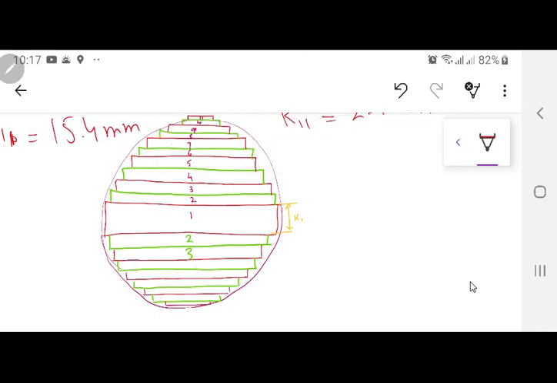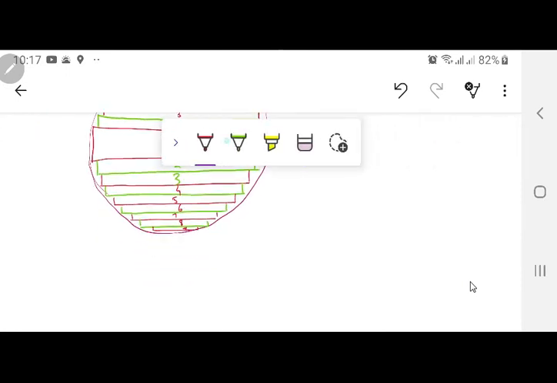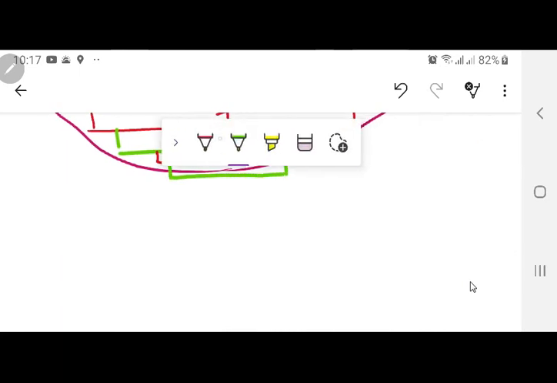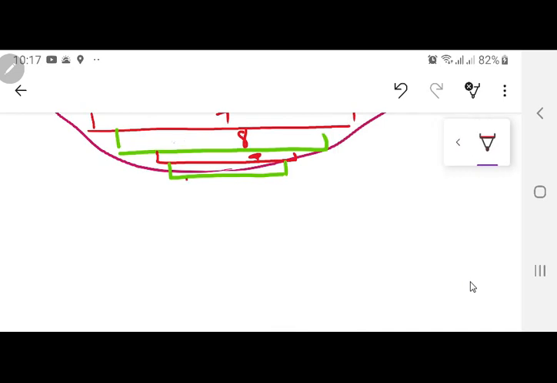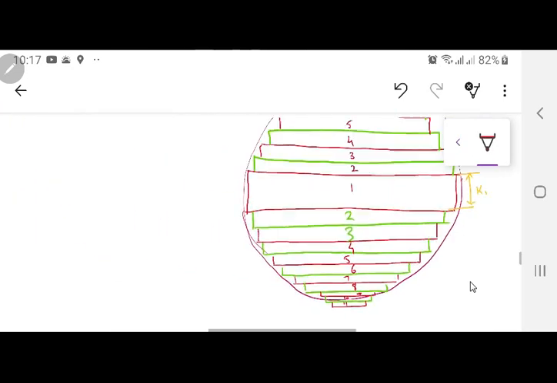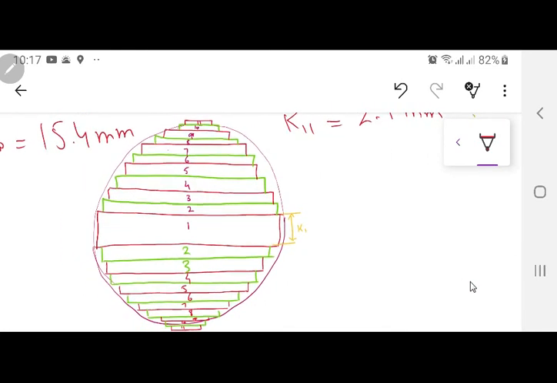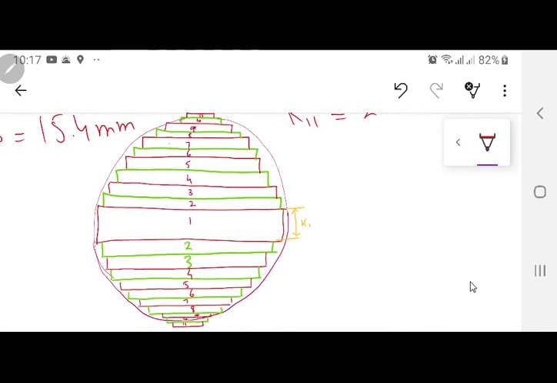This is 4, 5, 6, 7, 8, 9. Fewer steps have been made here, so I need to add this one, and this is 10 and 11. So this is the actual core over here, having 11 steps.